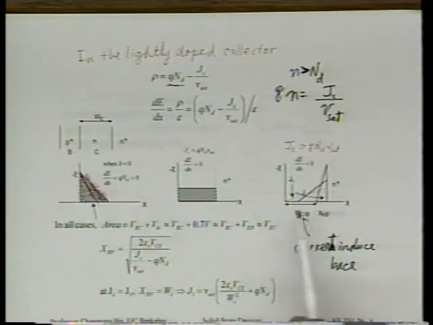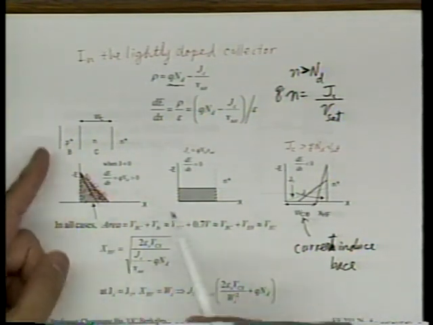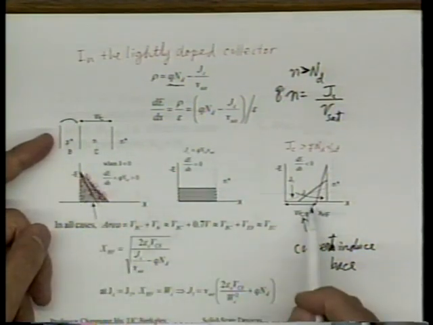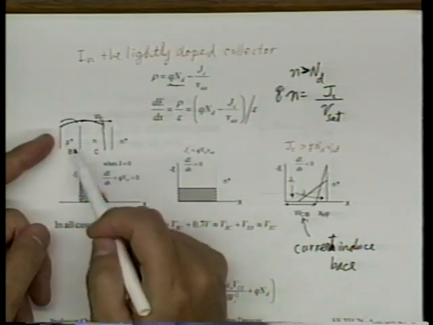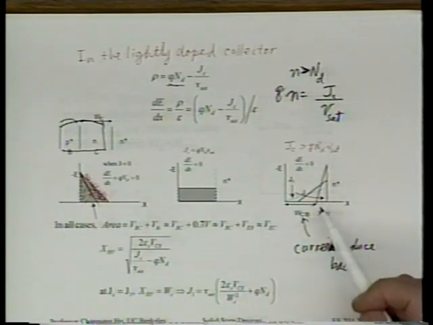Carriers cannot be moving at saturation velocity, cannot be due to drift. They must be moving by diffusion in this portion. In that sense, it's now an extension of the base. The base used to be this wide. Now, under this condition, for example, the base is this wide. All up to here is base, all carried by diffusion. You see that idea? All the voltage can only support drift at saturation velocity in this portion.